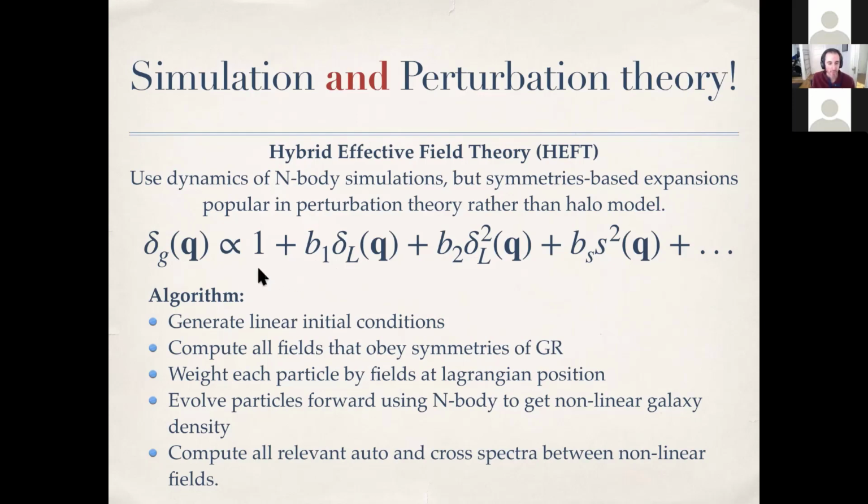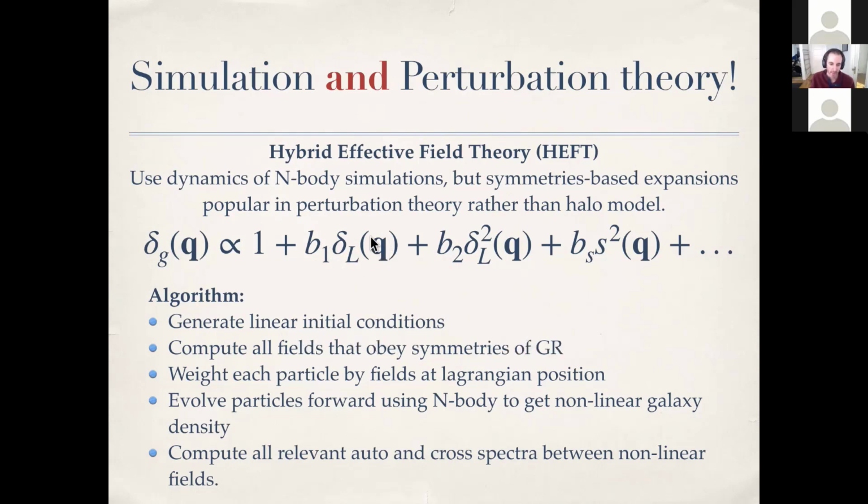So I'll briefly go over this algorithm so that you can get a feel for how it works. The idea is we still generate that initial linear field that we use to run our simulations. We then, from that linear field, compute all of the fields that obey the symmetries of general relativity.